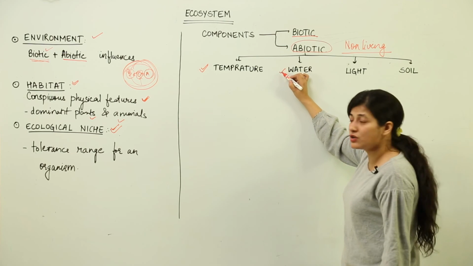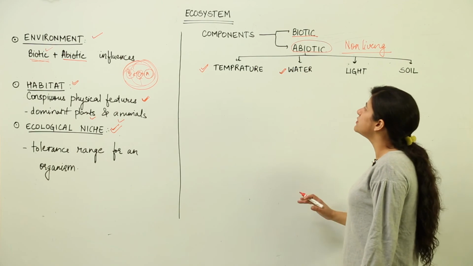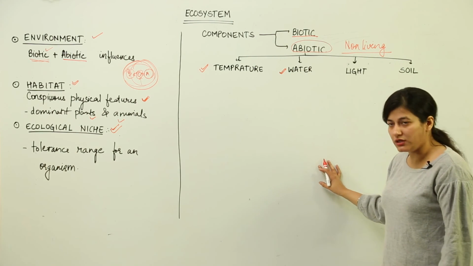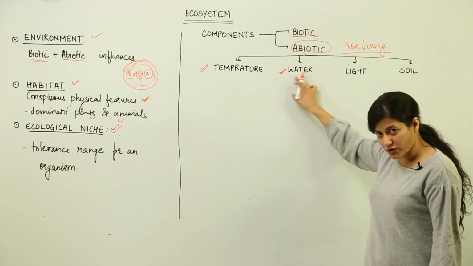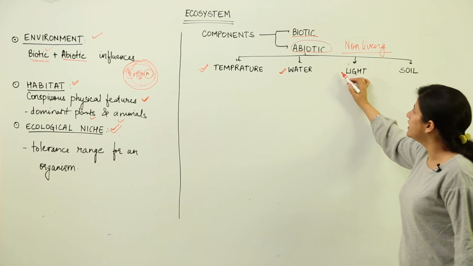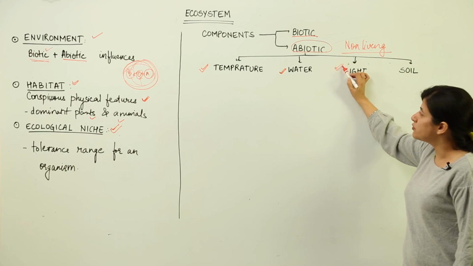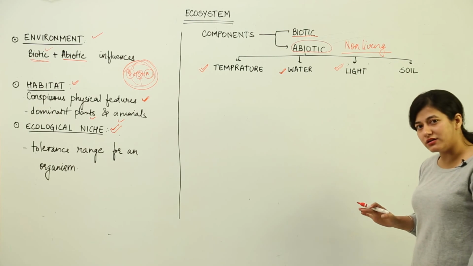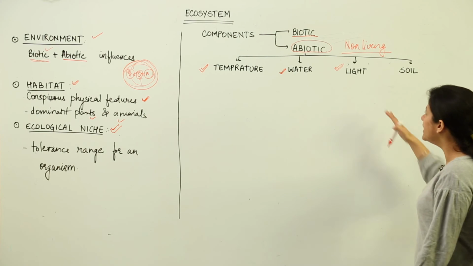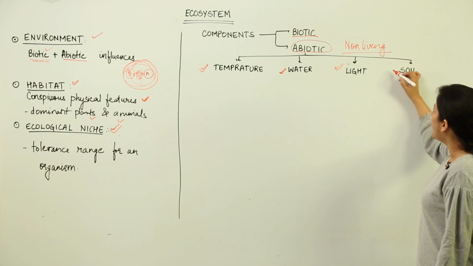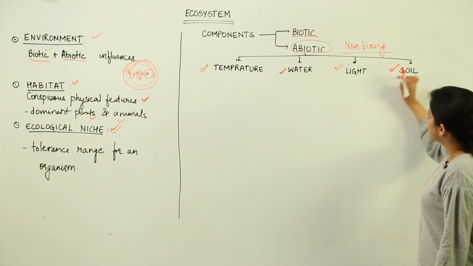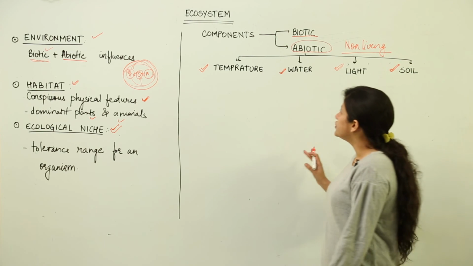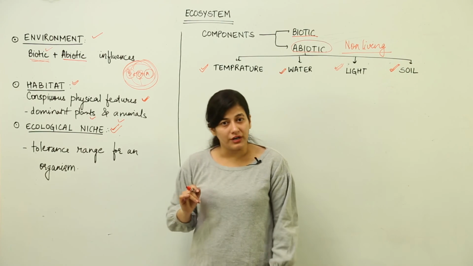Then second is water, because the maximum of life forms are found in water only. So we consider this as an important abiotic factor. Light certainly would be the most important one, because the ultimate source of food on the entire earth is photosynthesis only. So light is important, and soil also contributes to the abiotic influences for an organism.